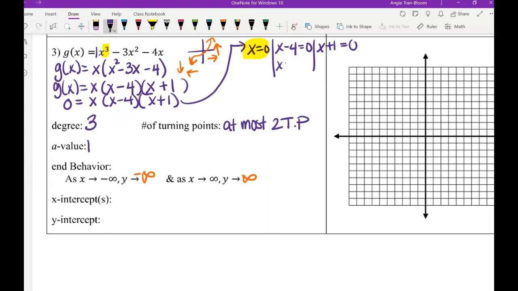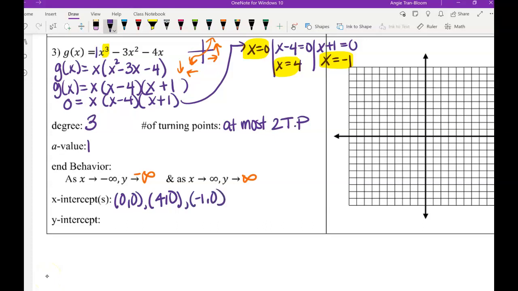X minus 4 equals 0, your next intercept is at positive 4. Then x plus 1 equals 0, so your next x-intercept is at negative 1. So these are the 3 x-intercepts, and we are going to write that down: 0, 0, 4, 0, and the last intercept is negative 1, 0.